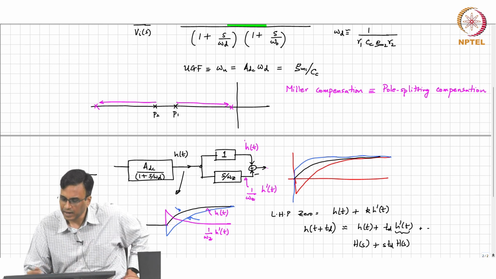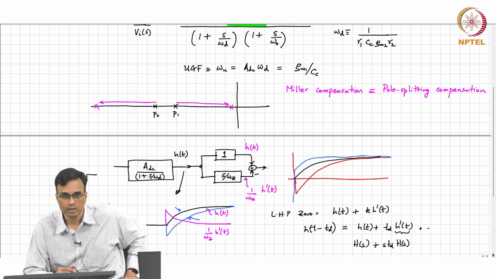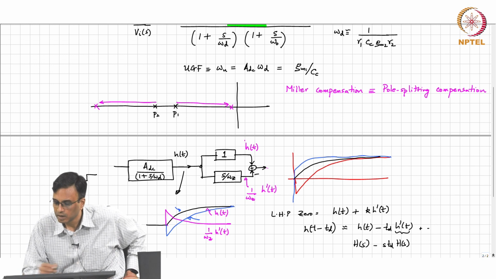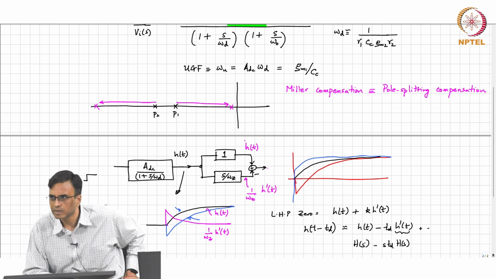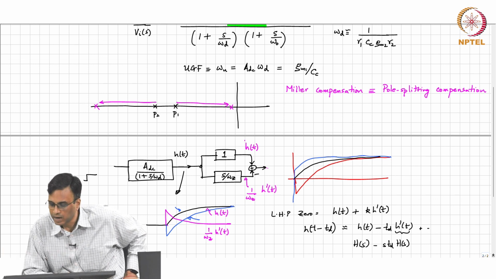On the other hand, if you do h of t minus td, you subtract the derivative, so it becomes delayed by td, and this is equivalent to a right half plane 0.